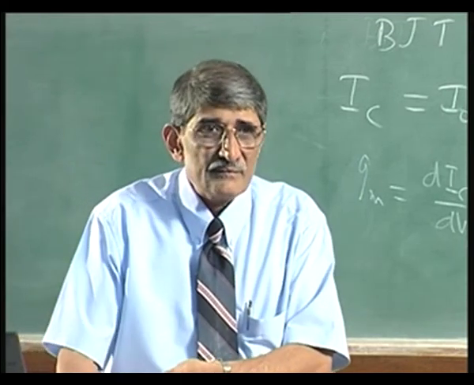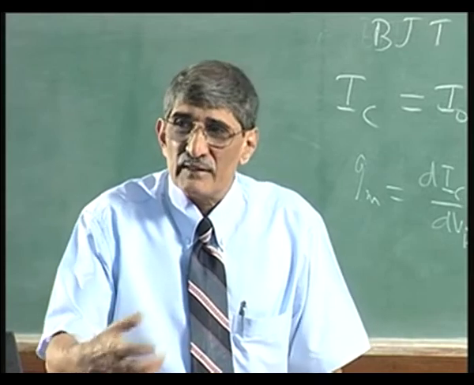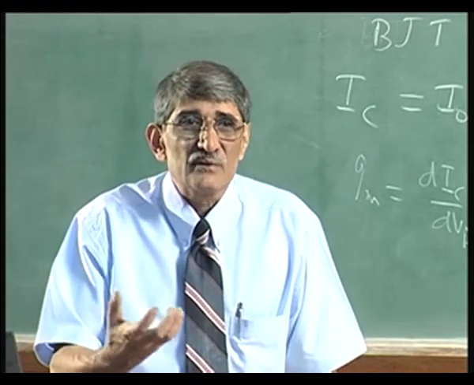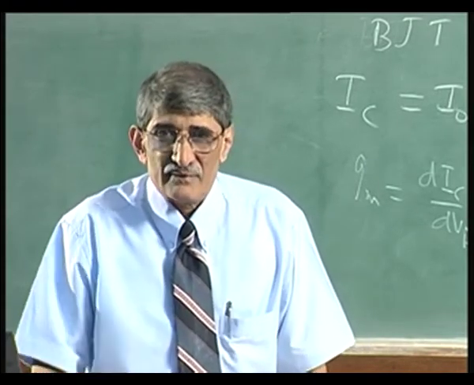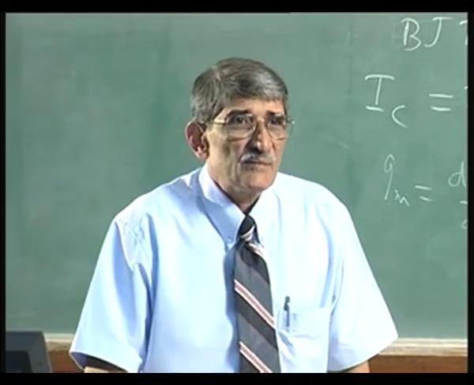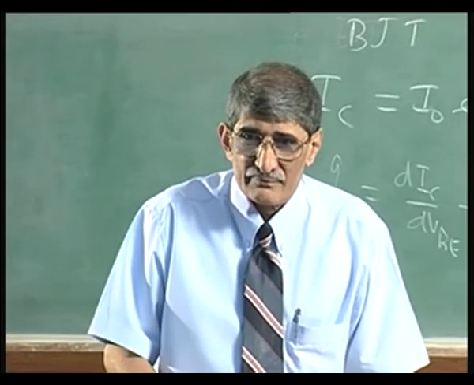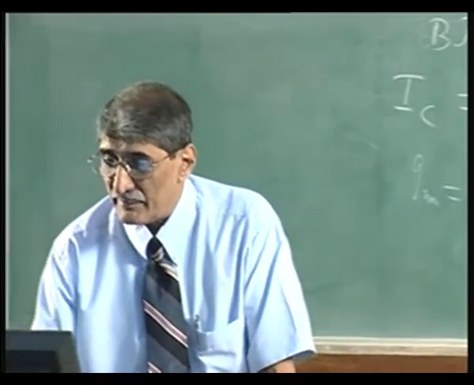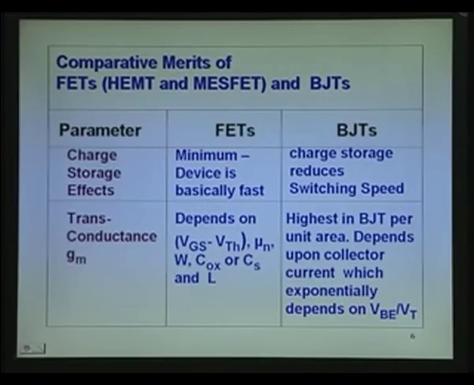Not merely from the next gate, it also comes from the routing capacitance. That rules the performance completely, and then you must have the ability to charge these capacitors fast. So, that is one of the benefits of this. The highest transconductance per unit area is the BJT, which depends upon the collector current, which exponentially depends on VBE by VT.